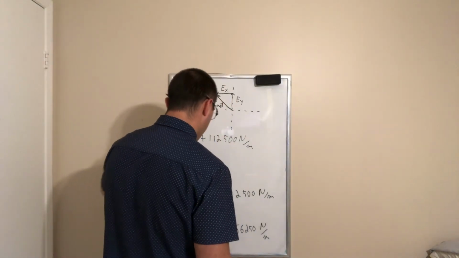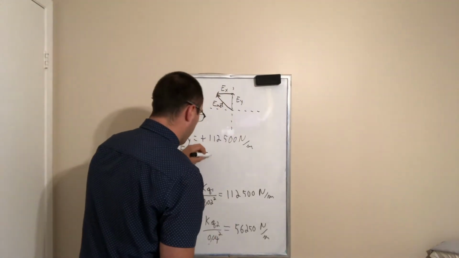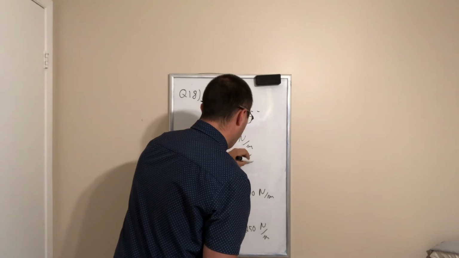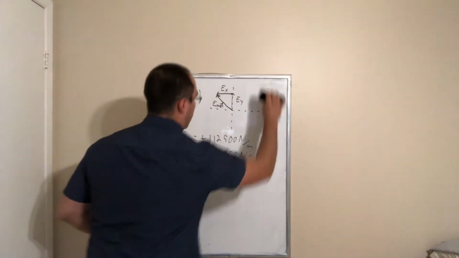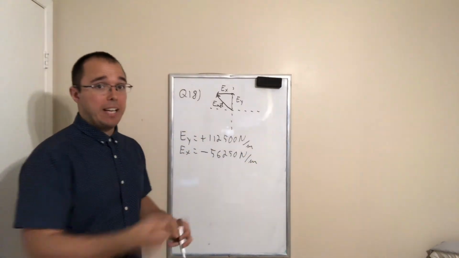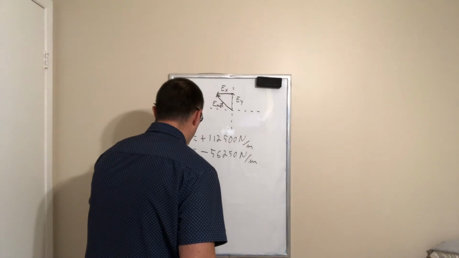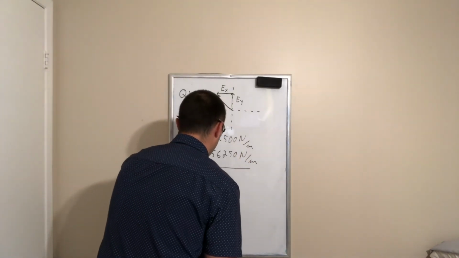Ex then becomes minus, because it's pointing in a negative direction, 56,250 Newton per coulomb. All right, so we want to find the magnitude of that vector. What we do is we use the Pythagorean theorem. So E is equal to the square root of these two values squared. So let's just write it completely.